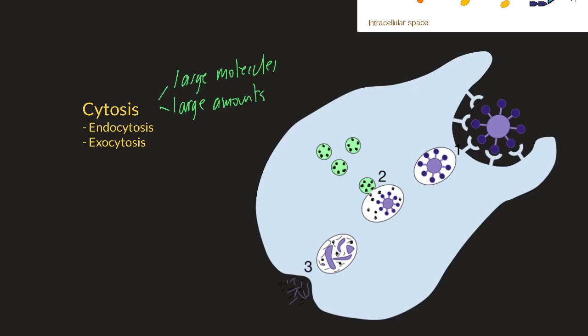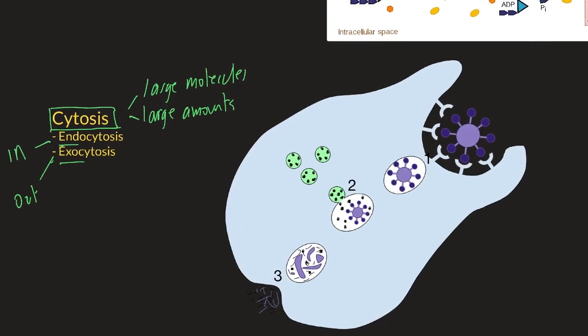And this is a process called cytosis. There's two different types: endocytosis and exocytosis. Endo means in, so it's when molecules are moving into the cell. And exo means out, so it's a process when the molecules are moving out of the cell.